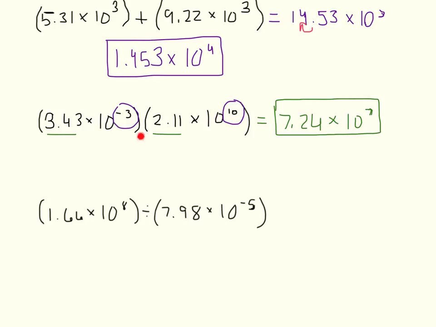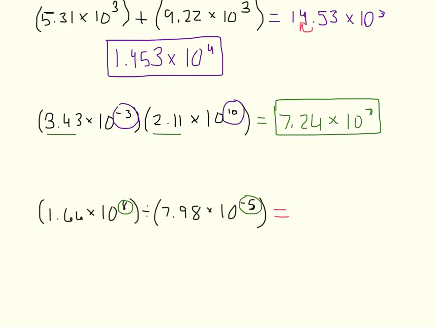So again, when you multiply, you're always adding exponents. That's just something you have to have memorized. And it's the same exact thing for when you're dividing. So in the next problem down here, when you're dividing, you have your 8 and your -5. You're going to have to subtract those numbers. And that's just something you need to know through practice.